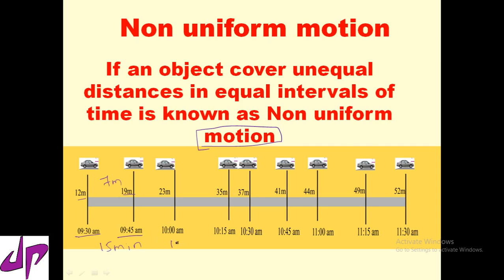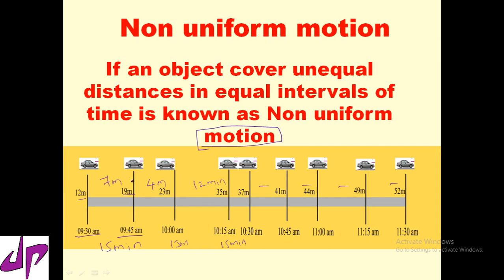Let's take another 15 minutes from 9:45 am to 10 am. The car covered 23 minus 19, which means it covered only 4 meter. In another 15 minutes, the car covered 35 minus 23, which means it covered 12 meter, and so on.